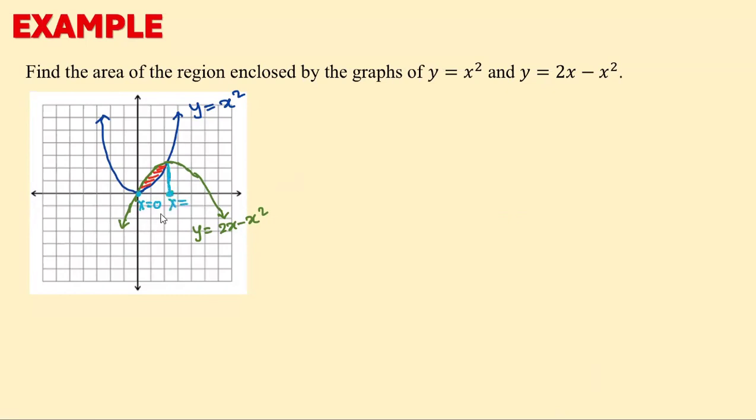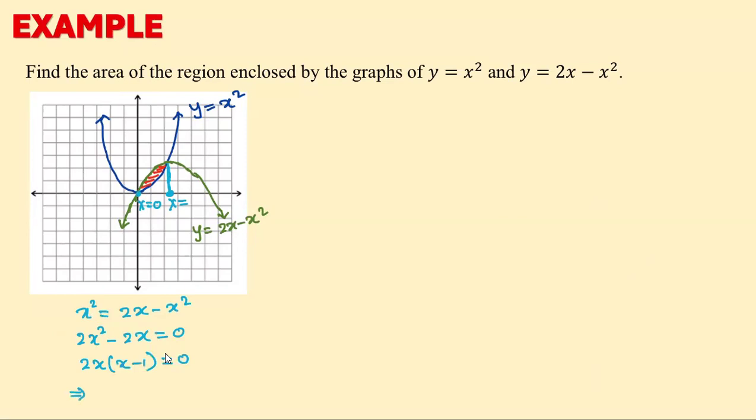So in order to find it, again, we equate these functions. So we can write x squared equal to 2x minus x squared. If I subtract x squared on both sides, that will be 2x squared. And also if I subtract 2x on both sides, minus 2x equal to 0. Now we can factor 2x, and we have x minus 1 equal to 0.